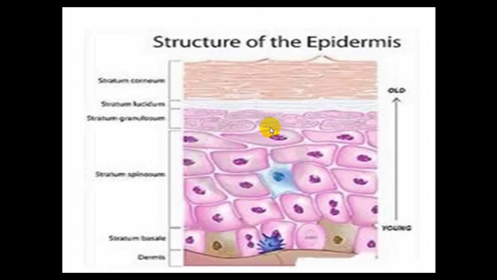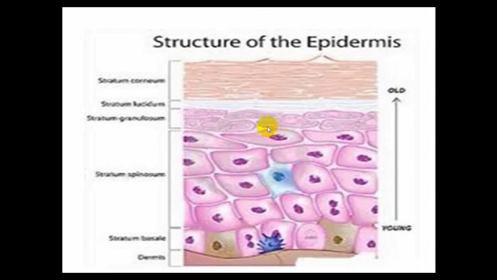It's also a more superficial layer of the epidermis. At this point, these cells still have a nucleus, and the cytoplasm contains irregularly shaped basophilic keratohyalin granules. Also, bundles of keratin filaments pass through these granules. So we name it stratum granulosum because of these granules.